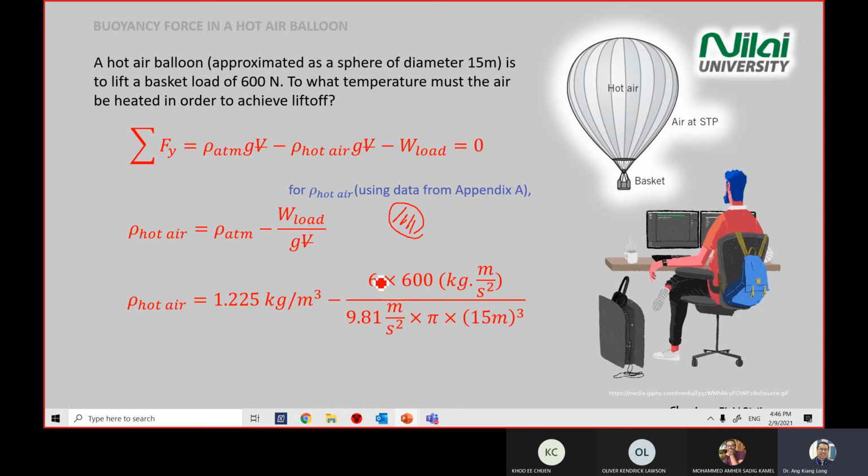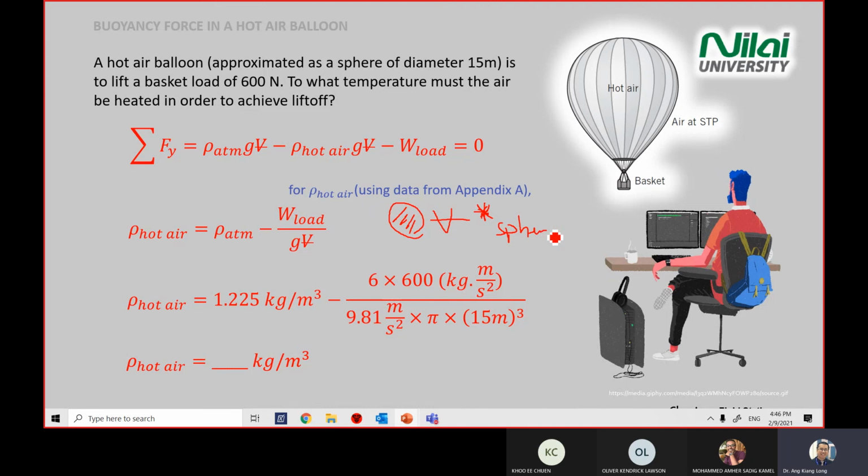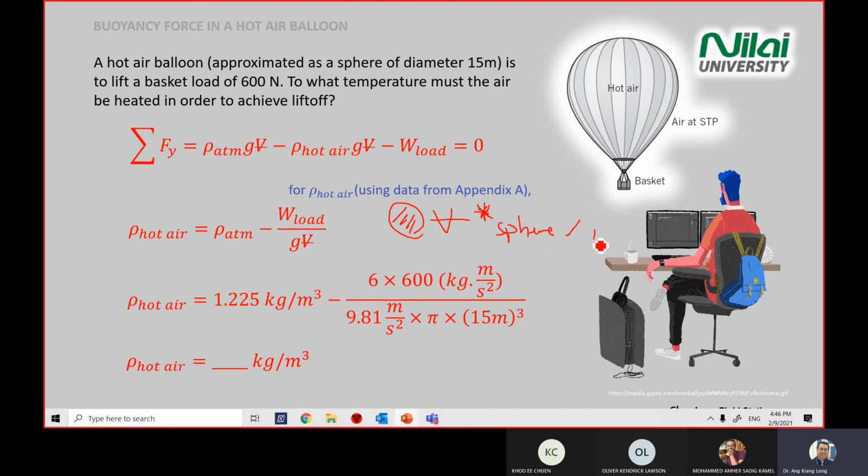When you rearrange the equation, you will see the 6 above the equation. It's talking about the sphere volume here. Then at the end, you arrive at rho hot air in kilogram per meter cube. Again, you assume you already know how to calculate the sphere volume. If you don't know, you just Google the equation of a sphere. In the exam, if you write out the equation for the volume of the sphere, it will also get you 3 marks. There's 1 mark for additional information.